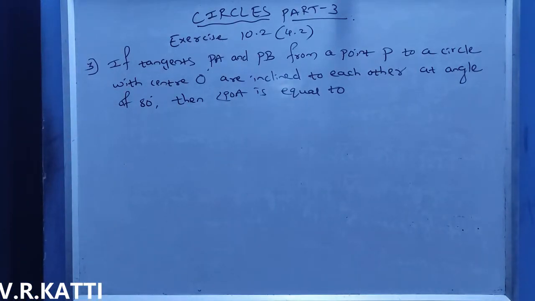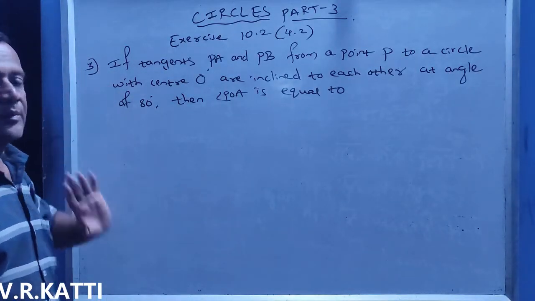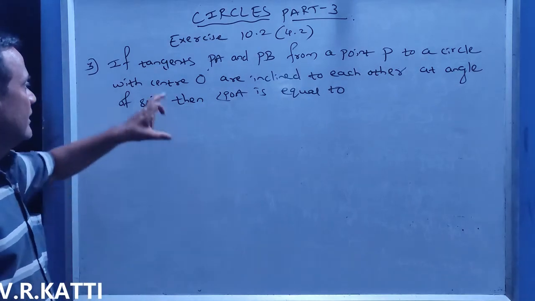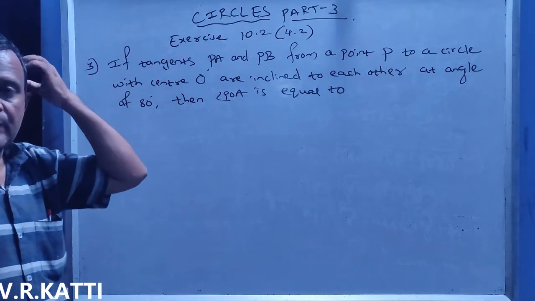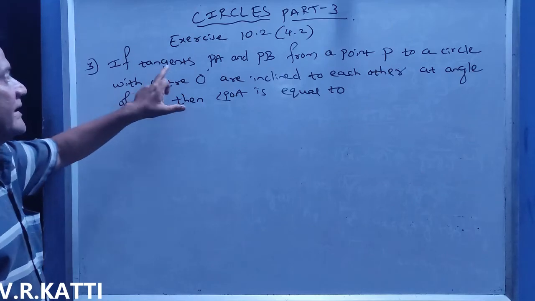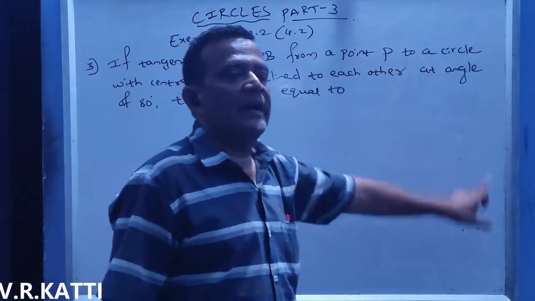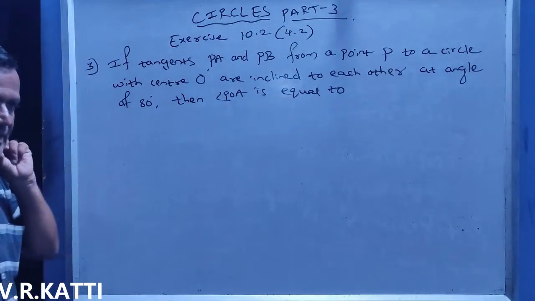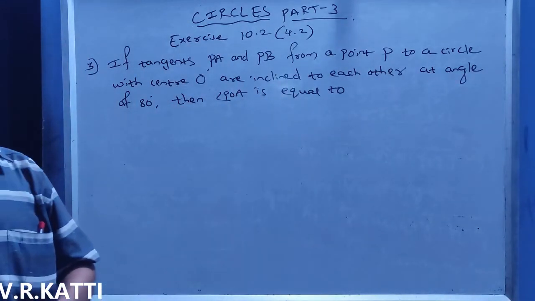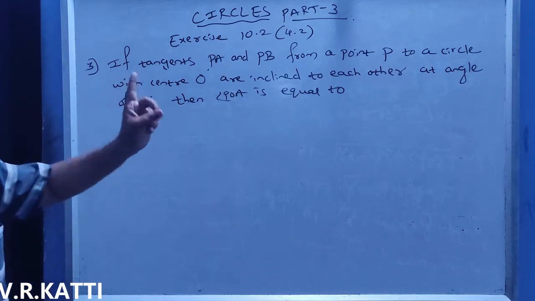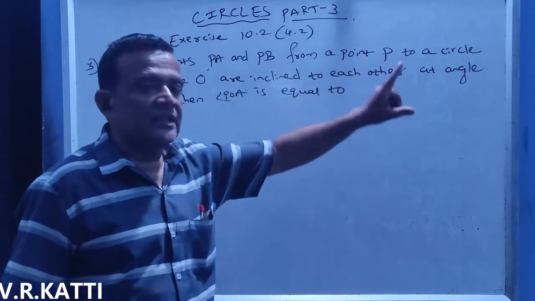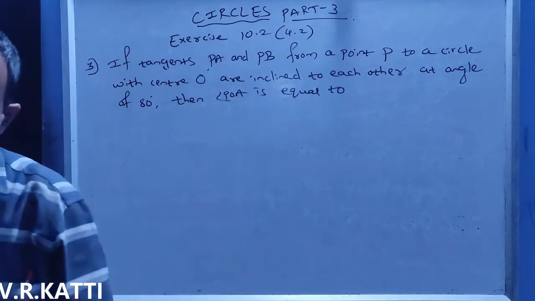Students, here the third problem in this exercise 10.2: if tangents PA and PB from a point P to a circle. I already suggested that if it is given from a point, then it is considered as an external point.